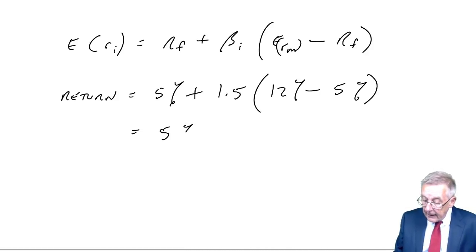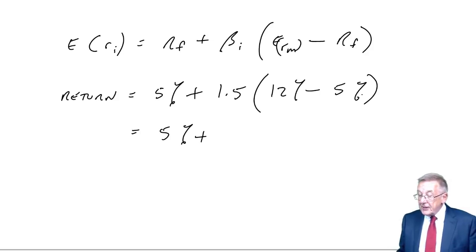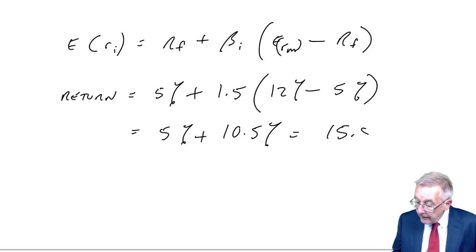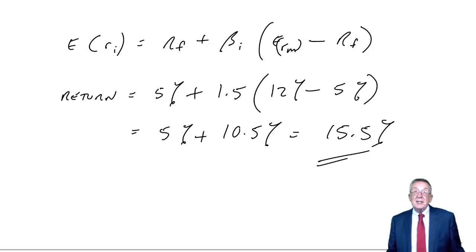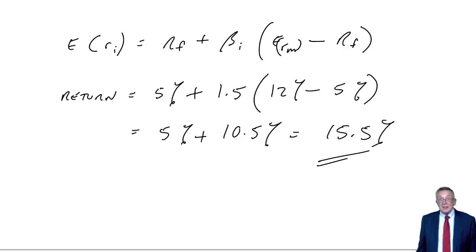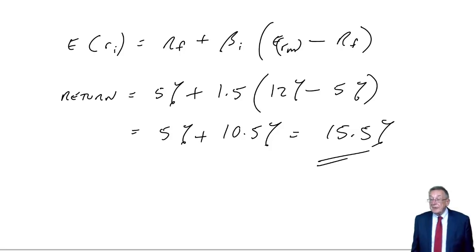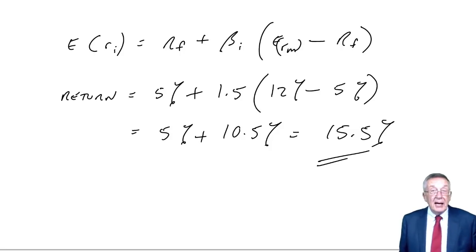The risk-free plus 1.5 times 7, we want a premium of 10.5, and therefore we'd want a return of 15.5%. So that's the return shareholders would want for that level of risk. And therefore that would be the cost of equity. If shareholders want 15.5, the company has to pay 15.5.